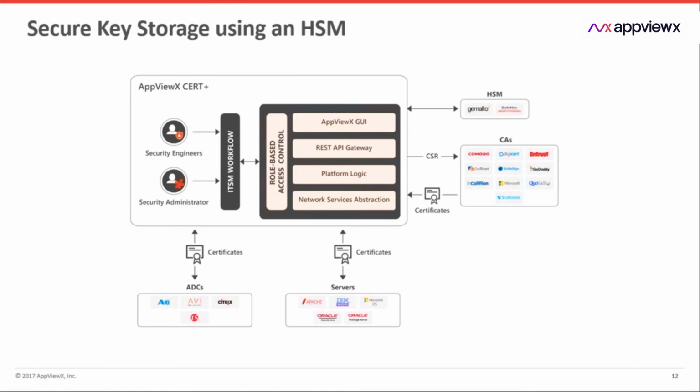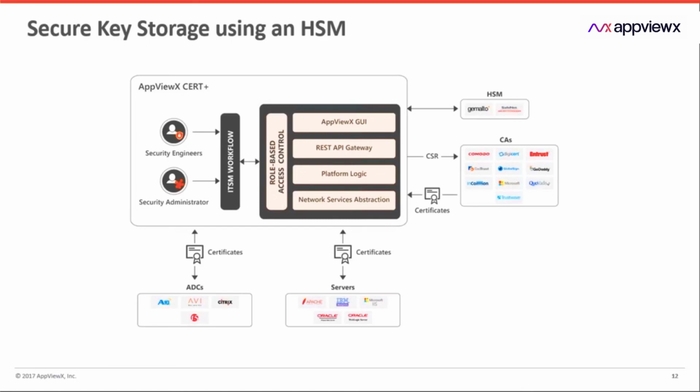Either way, the CSR is sent from AppViewX and the corresponding certificate authority responds with a certificate, which is then pushed to the respective devices, shown here either to an ADC or a server. The various certificate authorities that we support are Comodo, DigiCert, Entrust, GlobalSign, GoDaddy, etc.